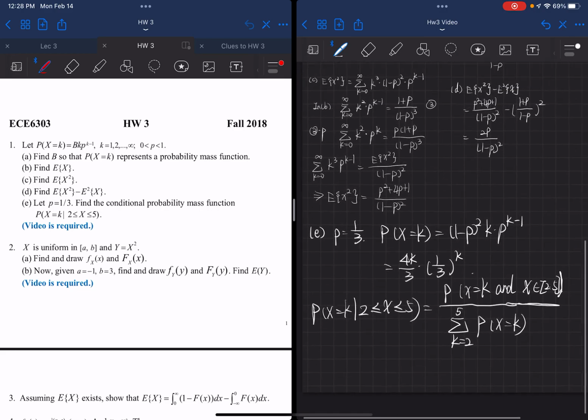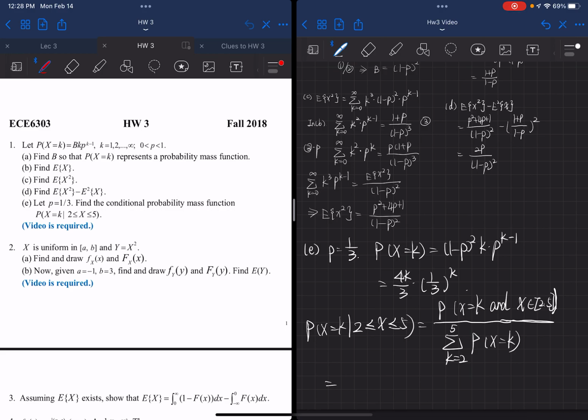And we just plug in the formula. We get the value equals 2.4796 times k times 1 divided by 3 to the power of k, for k equal to 2, 3, 4, 5, and the probability equals 0 when k equals any other value.